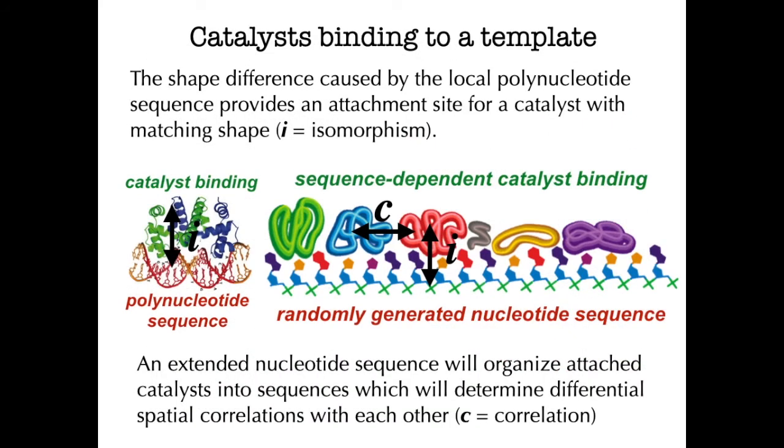The availability of a template like this can serve as a surface onto which catalysts can weakly bind. The shape difference caused by this local polynucleotide sequence provides an attachment site for catalysts with matching shapes. An extended nucleotide sequence will organize attached catalysts into sequences which will determine their differential spatial correlations with each other.